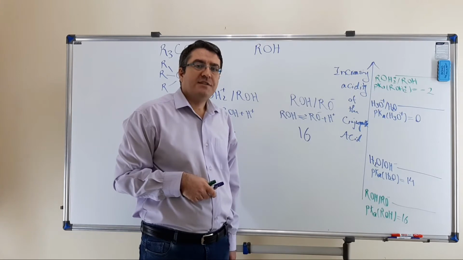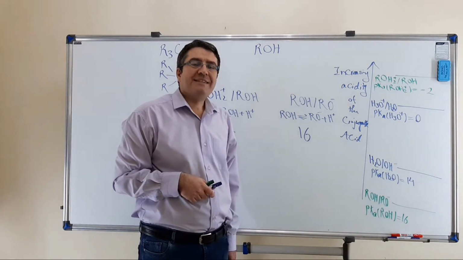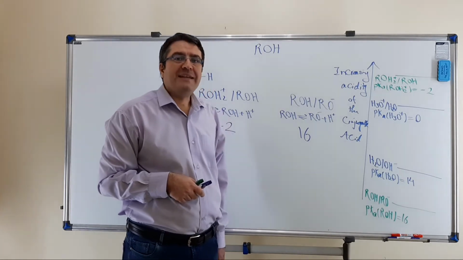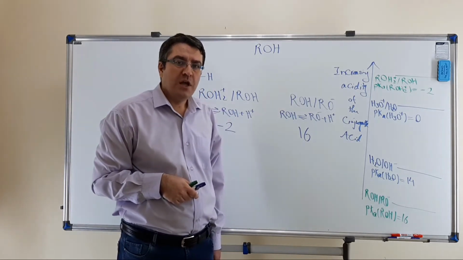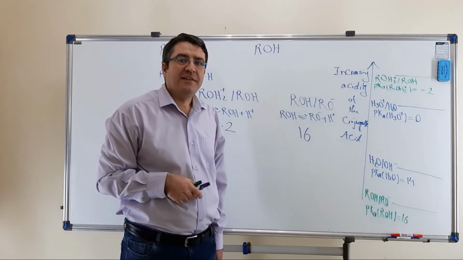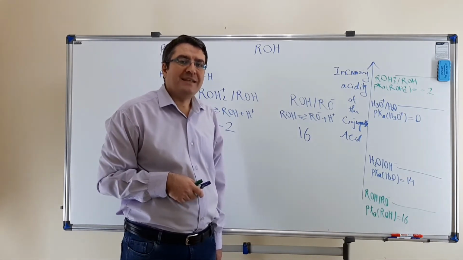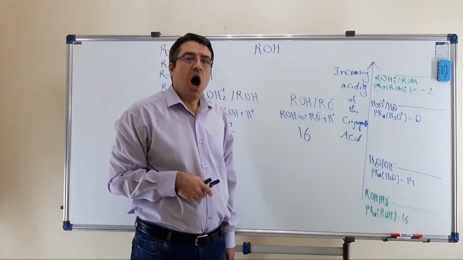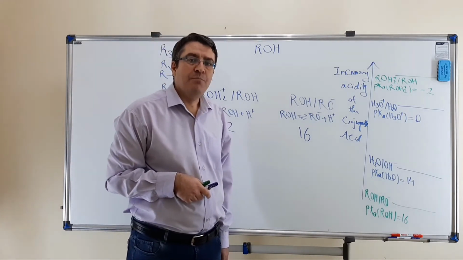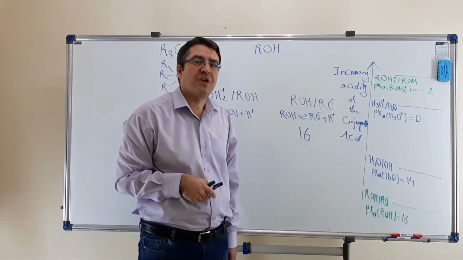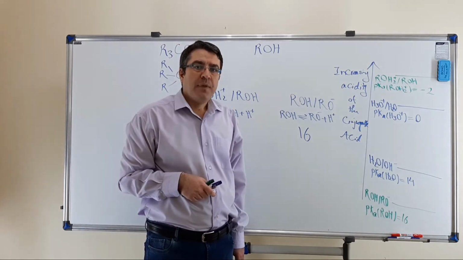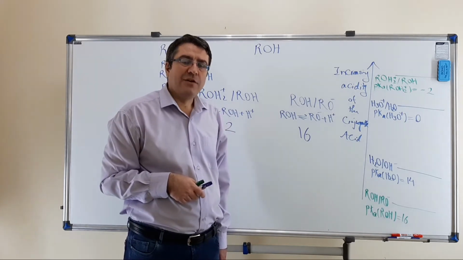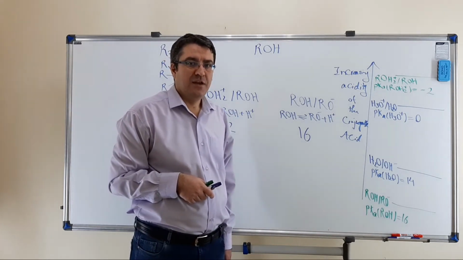In solvents with higher Bronsted acidity, such as acetic acid, basic properties of alcohols will be strengthened and alcohols will behave as bases. On the other hand, in solvents with higher Bronsted basicities, in more basic solvents such as ammonia, acidity of alcohols will be strengthened and alcohols will behave as acids.